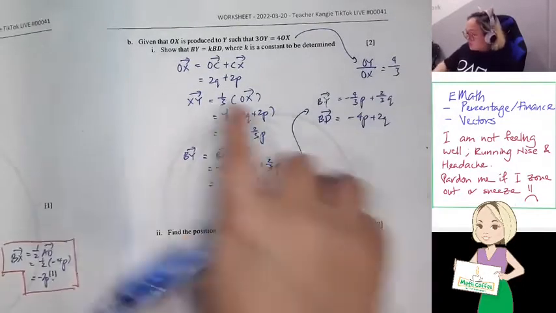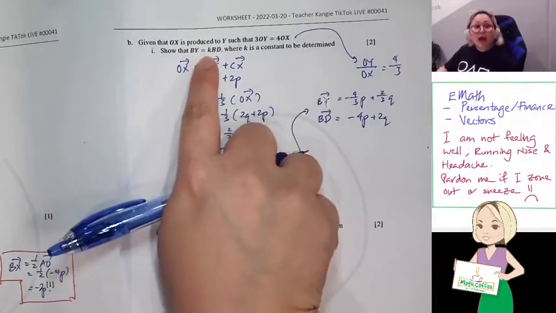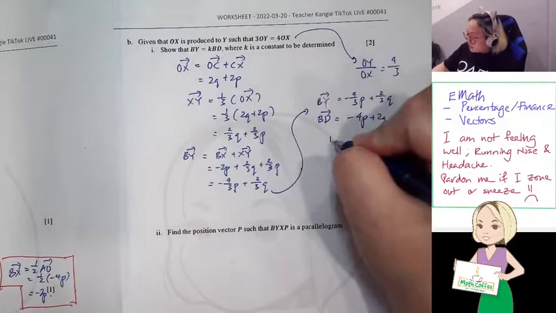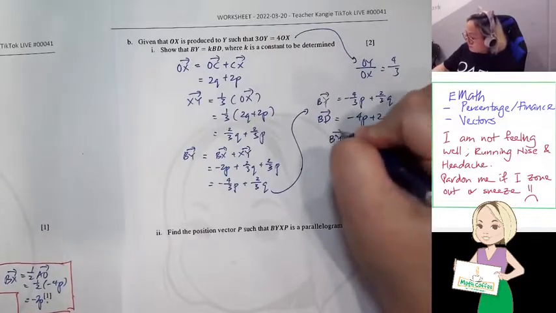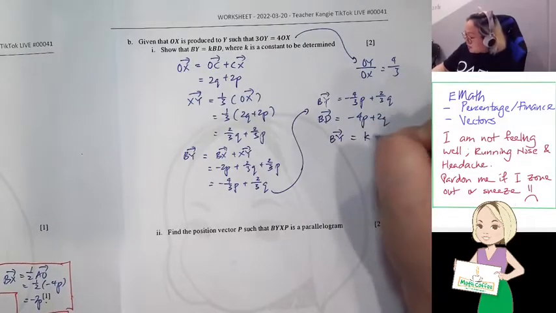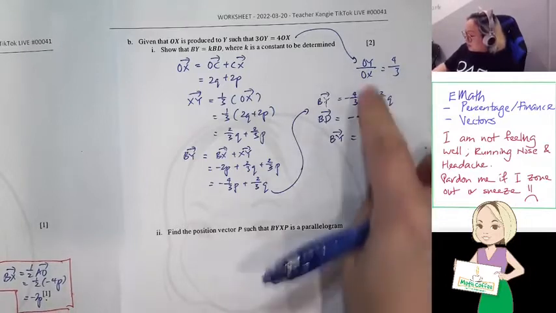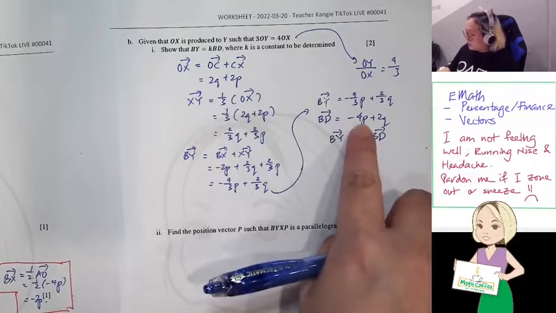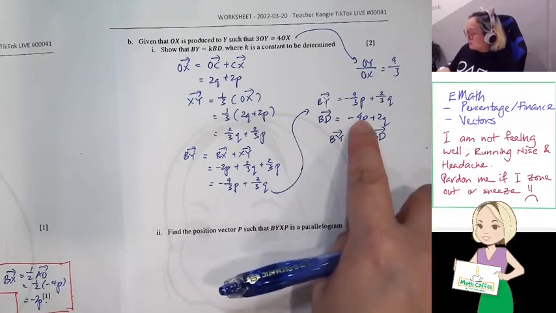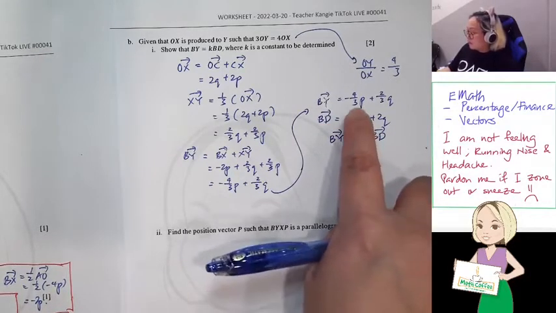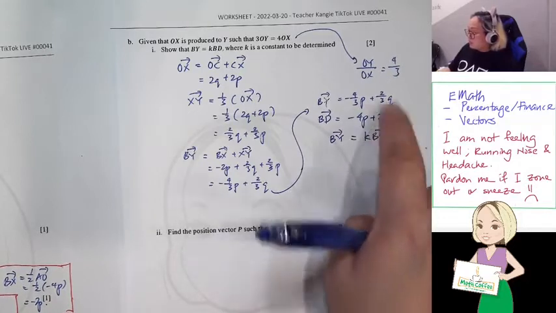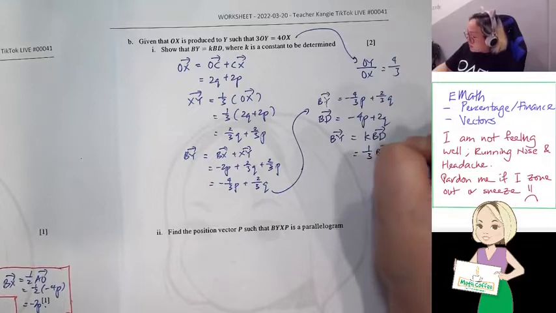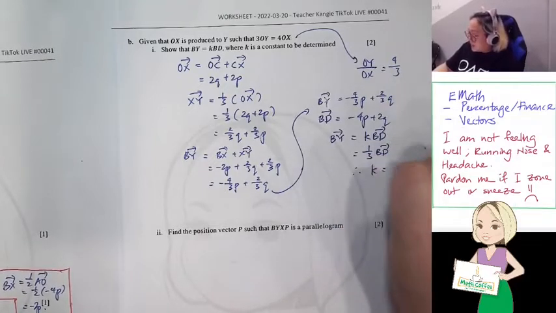So they want to know BY is how many, what's the K value of BD. By comparing, you can see that BY is actually 1/3 of BD. The minus 4 divided by 3 gives minus 4/3, and 2 divided by 3 gives 2/3. So it's actually equal to 1/3 of BD. And therefore, K is equal to 1/3.